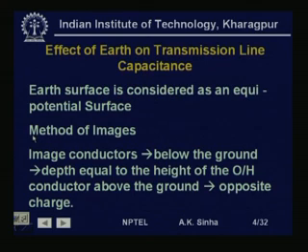So, the method of images basically consists of considering image conductors below the ground at a depth equal to the height of the overhead conductor above the ground, and the charge on this image conductor is of the opposite polarity.